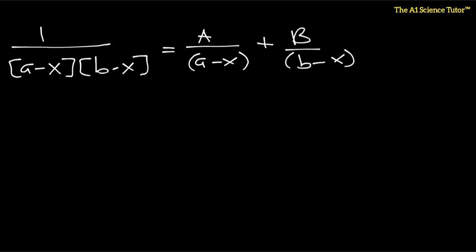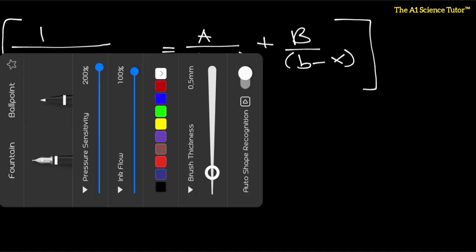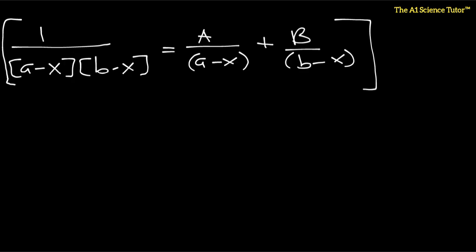So what we need to do is to multiply both sides with the denominator which is present on the left hand side, which is a minus x and b minus x. So this should be a minus x and this is our b minus x. So this is what we're going to do.